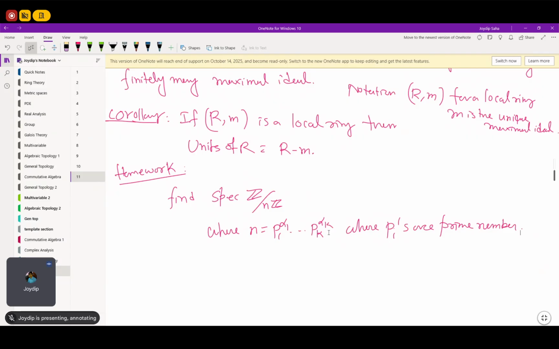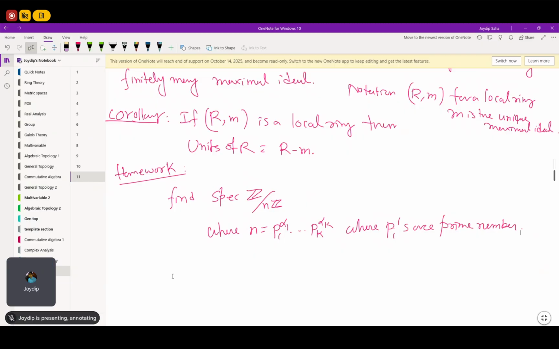Now next, conclude that any prime ideal in Z except 0 is a maximal ideal. Any non-zero prime ideal is a maximal ideal. Then you calculate how many maximal ideals are there. Now try to characterize n such that it has only one maximal ideal.